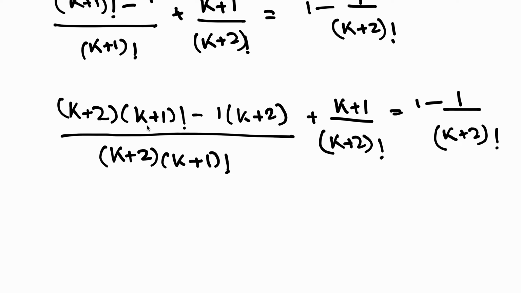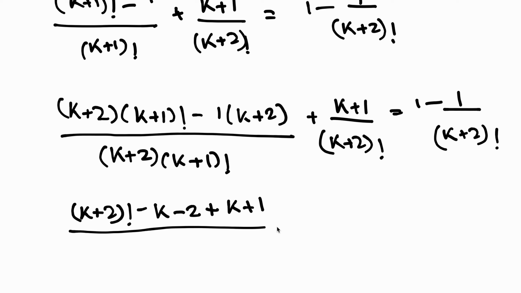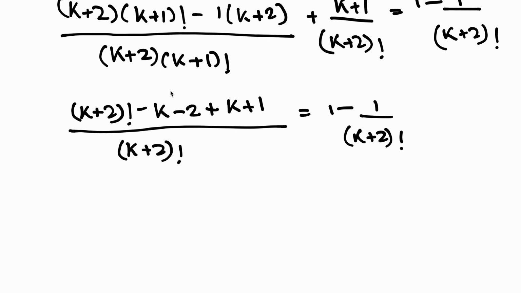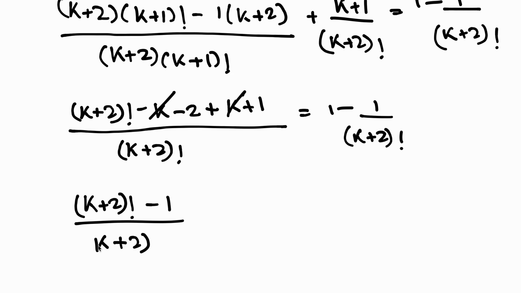So (k plus 2) into (k plus 1) factorial becomes (k plus 2) factorial on the top, minus k minus 2 plus k plus 1, all over (k plus 2) factorial, and that must be equal to 1 minus 1 over (k plus 2) factorial. Okay, what's our next step? Let's simplify this further. k and k will cancel, so I'll be left with (k plus 2) factorial minus 1 over (k plus 2) factorial.